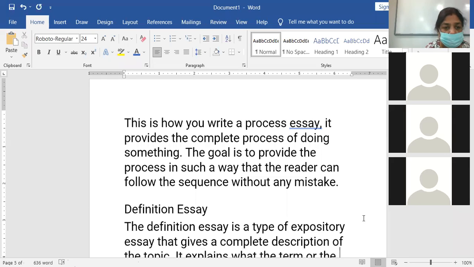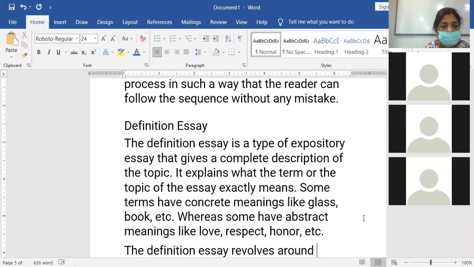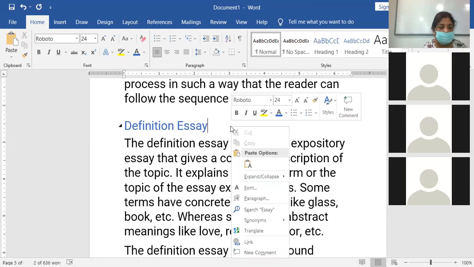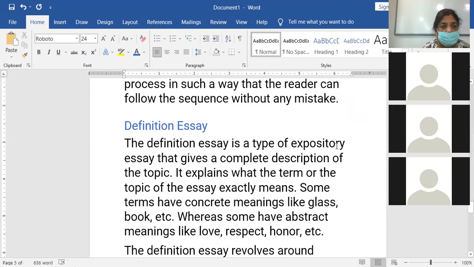The definition essay. The definition essay is a type of expository essay that gives a complete description of the topic. It explains what the term or the topic of the essay exactly means.